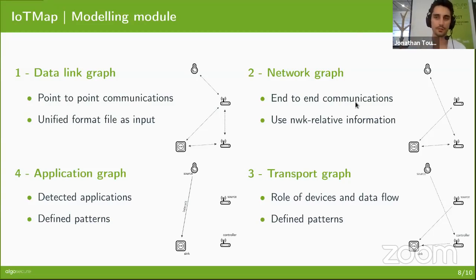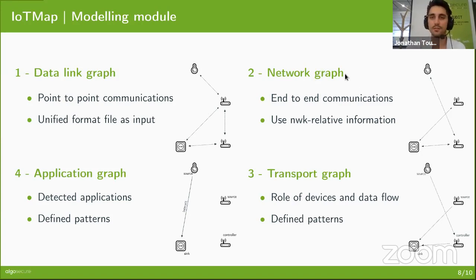In the network graph, we represent directly the final destinations. As we can see, the lights on top of the picture in reality communicate with the router in the bottom right of the picture. And to make this graph, we use network relative information stored in the data link graph.